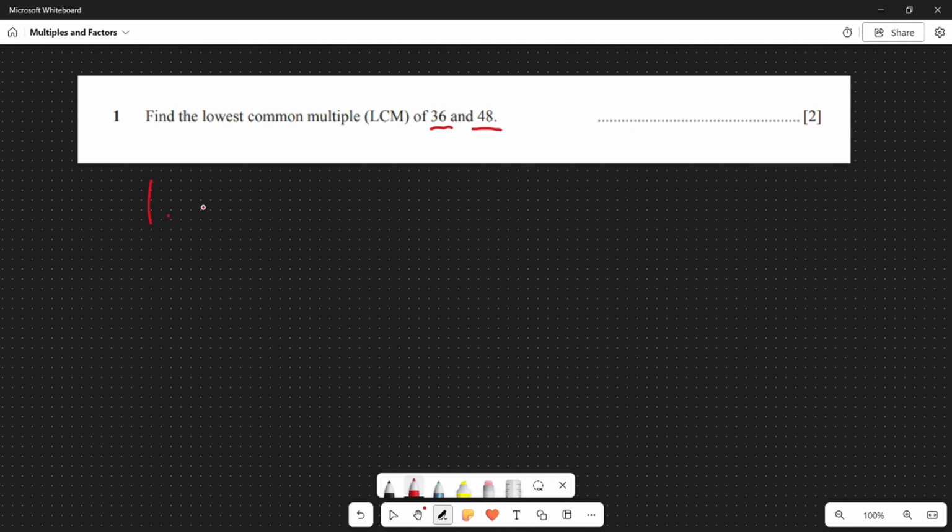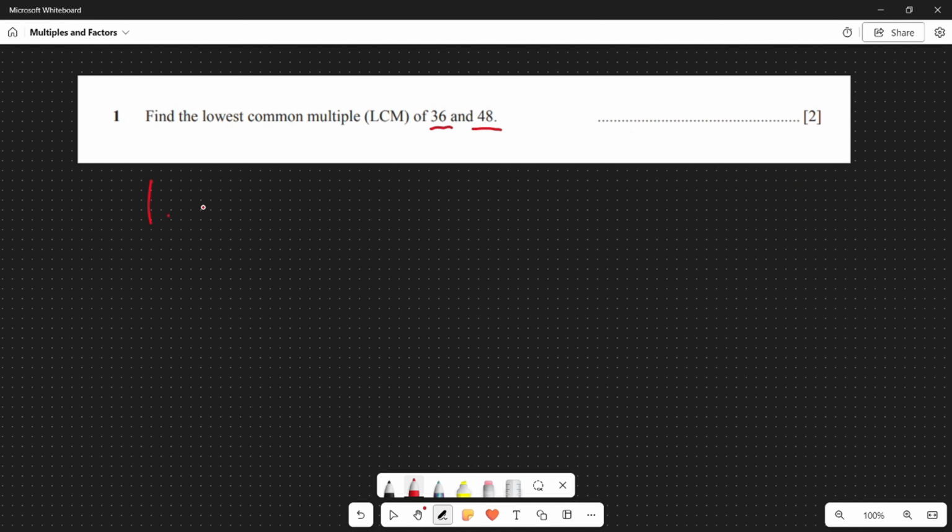So we start with 36 times 1, which is 36, 36 times 2, which is 72, 36 times 3, which is 108, 36 times 4, which is 144, and 36 times 5, which is 180.